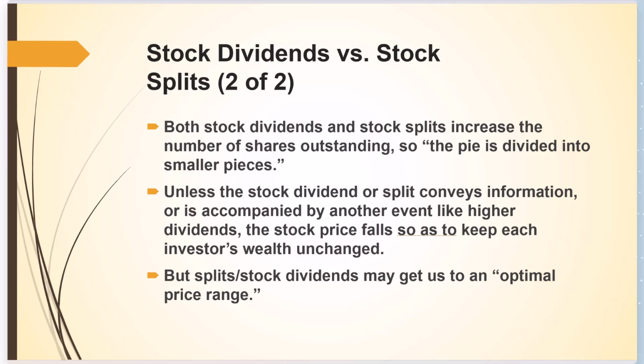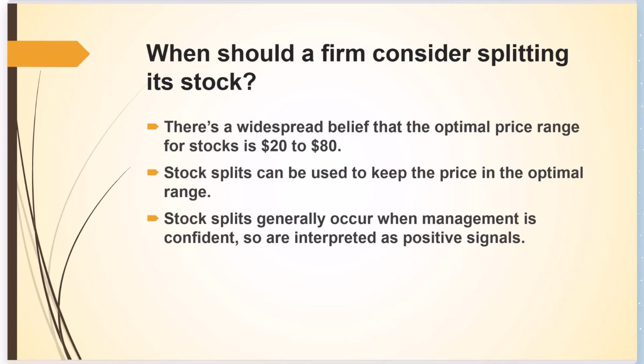But again, as I mentioned, stock splits and dividends may be a strategy to keep our price in an optimal price range so that more investors can afford it. So why would companies, again, consider splitting stock, right? Distributions are central to corporate finance, and the choices we make depend on taxes, signaling, clientele effect, agency costs, and firm strategy.